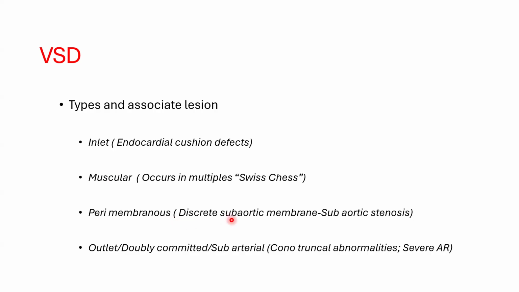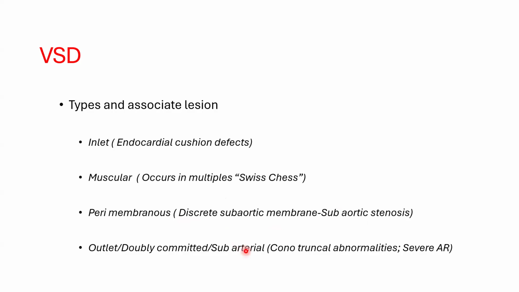In the last 2 months, we've had maybe 2 patients who have come back after perimembranous VSD closures. The subaortic membrane was not taken off, and now they have subaortic stenosis. Once you have subaortic stenosis, the jet erodes the aortic valve itself, and then you end up with aortic regurgitation. So it's important to identify this on echo.